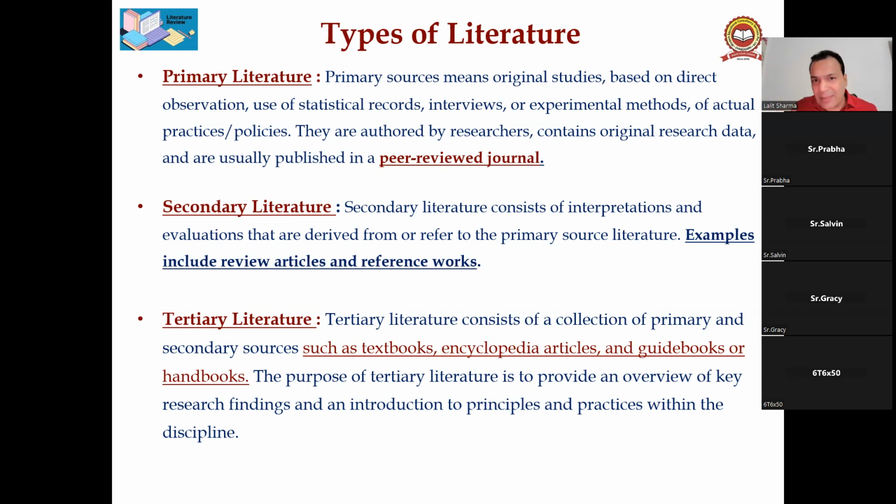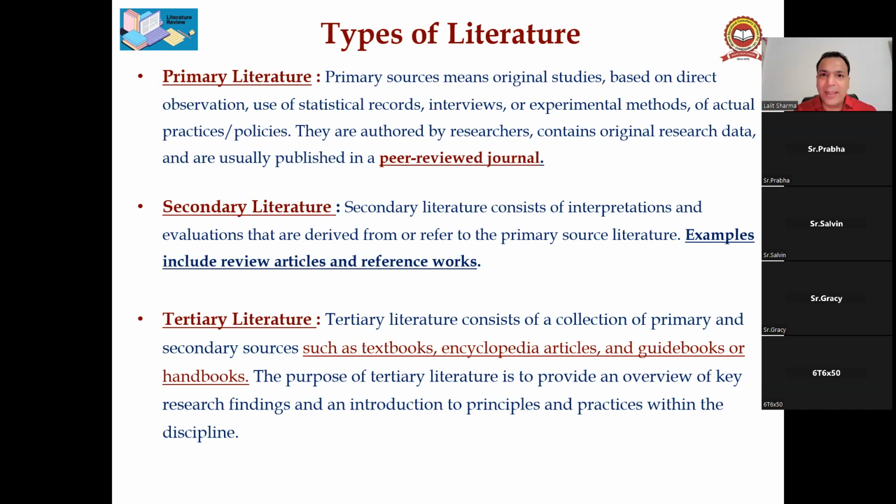Primary literature, in a simple way, I just want to explain. For example, when we talk about Jesus Christ, what would be the primary source? If any book is written by Jesus Christ himself, it is called the primary source.